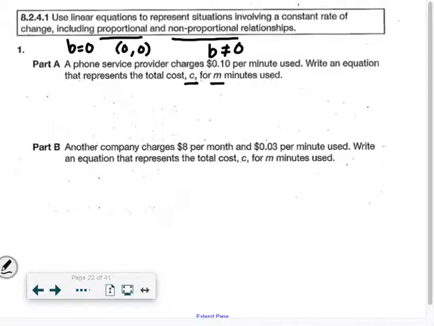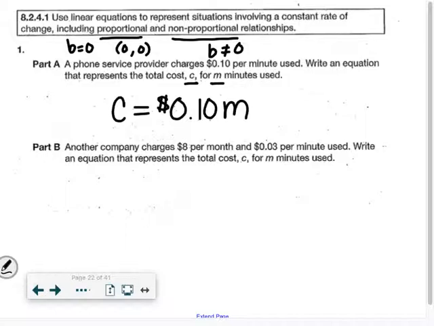We need an equal sign, and we typically need math operations and numbers. So letters, numbers, math operations, and an equal sign. So this equation is a basic one. The total cost equals, it's 10 cents per minute, so I just need 10 cents times m. C equals 10 cents times m.